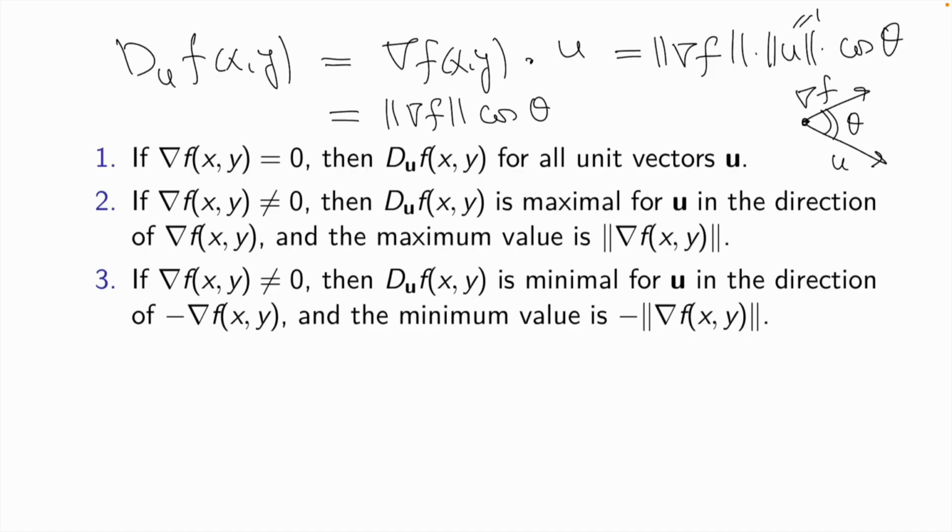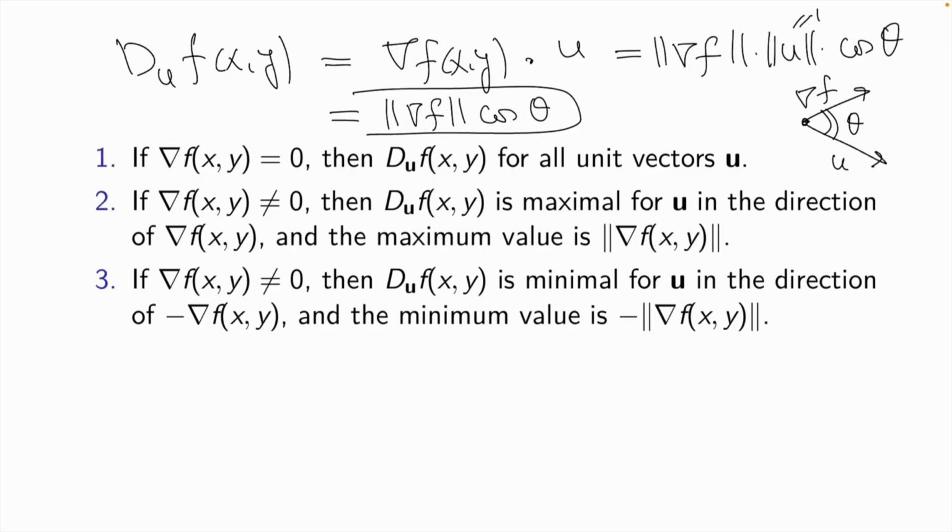These two things are numbers. And we know that the cosine is a number that goes between -1 and 1. So this number is going to be equal to the norm of the gradient multiplied by a number between -1 and 1. So we are going to get a maximal value when the cosine is 1 and a minimal value when the cosine is -1.